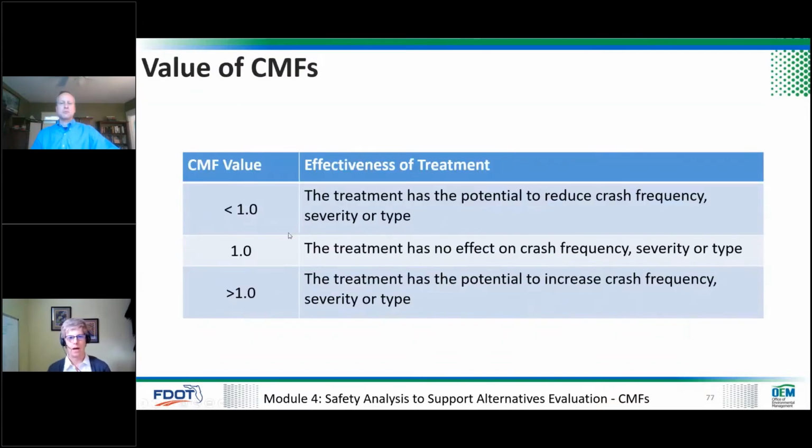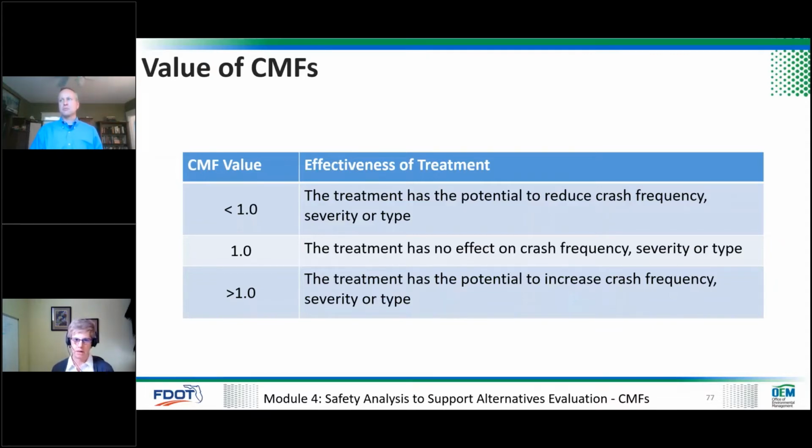And these numbers obviously have values. If they're less than 1, like that 0.58 I just showed you, that means they will reduce crashes, because again, it's multiplicative. If it's equal to 1, that means the treatment has no effect on crash frequency, severity, or type. It's not affecting safety.